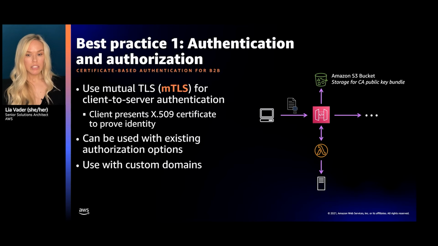So you can configure MTLS on the custom domain to authenticate both regional REST APIs, remember the endpoints that we talked about before, and HTTP APIs, while still authorizing requests for Bearer or JWT tokens or signing requests for IAM-based authorization. I mention this because MTLS is providing authentication, but not authorization.